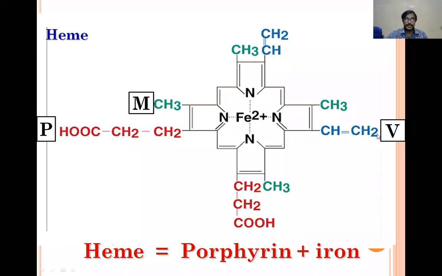These are present on the heme. So hemoglobin contains 4 globin chains. So each chain contains 1 heme, and each heme contains 1 iron. So hemoglobin molecule contains 4 iron atoms totally. So during the oxygen transport, we will be seeing each hemoglobin contains 4 iron atoms.